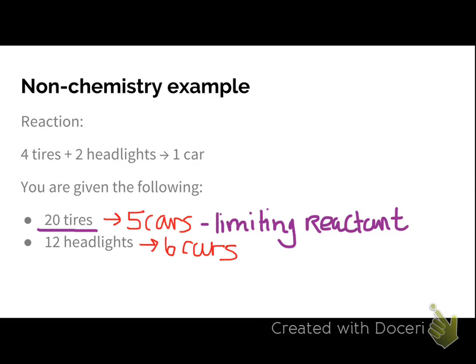But then we have another term that we can use to talk about the headlights, and they are going to be my excess reactant. Because now I have extra headlights. When I make those 5 cars, I'm going to be left with some headlights that aren't being used. So my tires are my limiting, and my headlights are my excess.